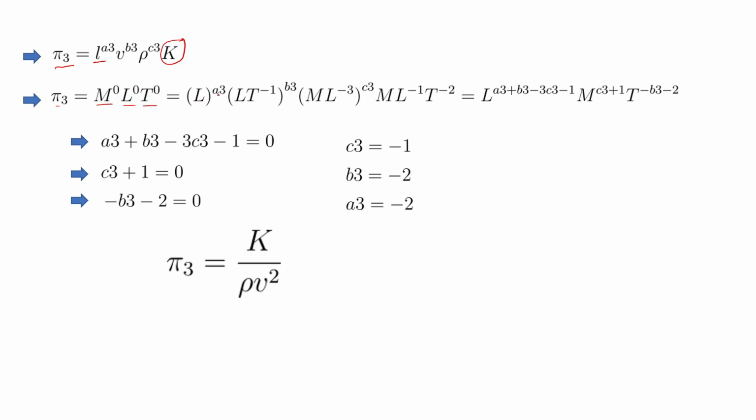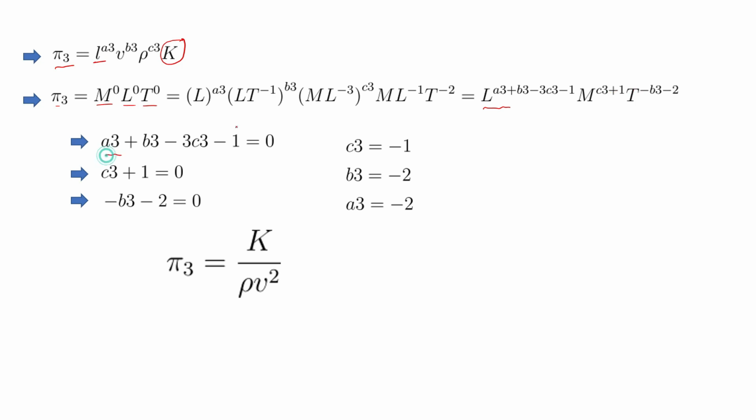This is equal to capital L whole raised to a3 into capital LT minus 1 whole raised to b3 into capital ML raised to minus 3 whole raised to c3 into ML minus 1 T minus 2. So this is equal to, if you add this, you will get L raised to a3 plus b3 minus 3c3 minus 1 into M raised to c3 plus 1 into T raised to minus b3 minus 2.